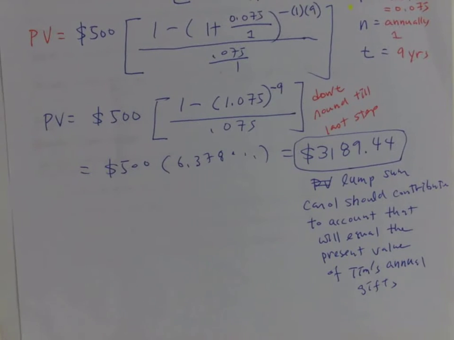So I hope that makes sense. We know the payments, we plug into the formula to find the present value. So that's number one, and then we're going to look at number two.